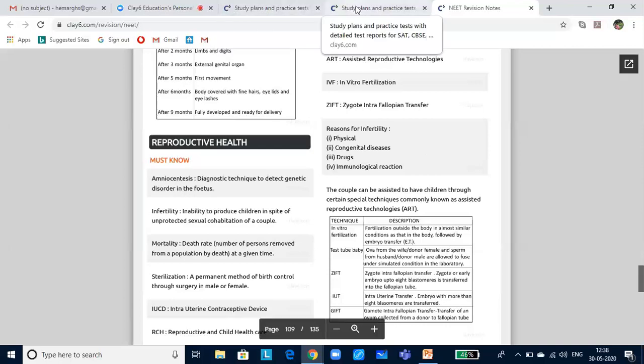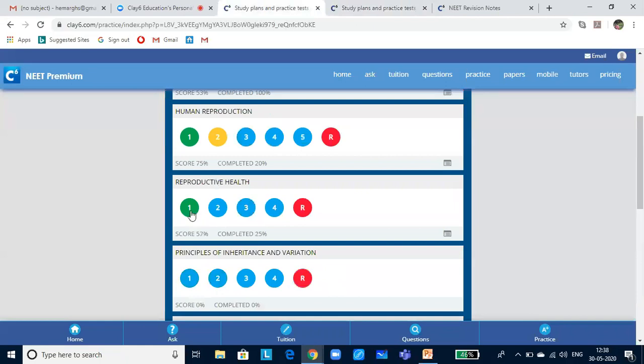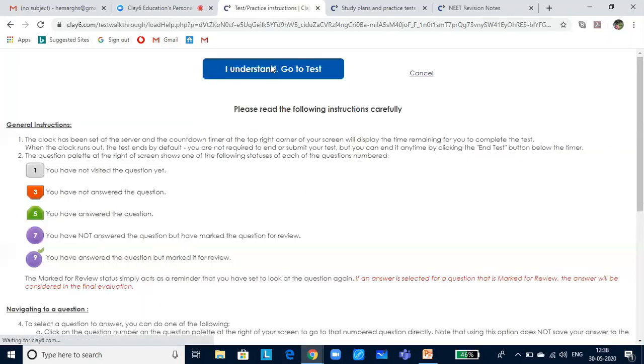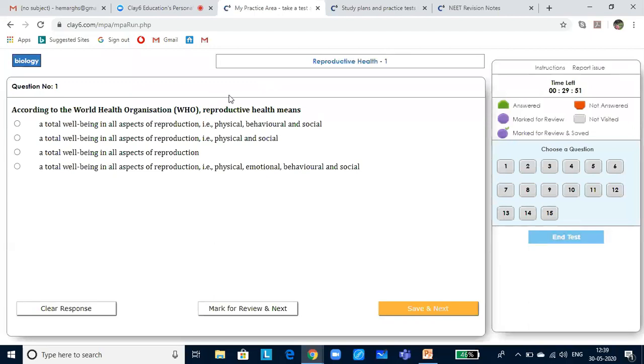Now let us go to tests. According to World Health Organization, reproductive health means a total well-being in all aspects of reproduction: physical, emotional, behavioral, and social.